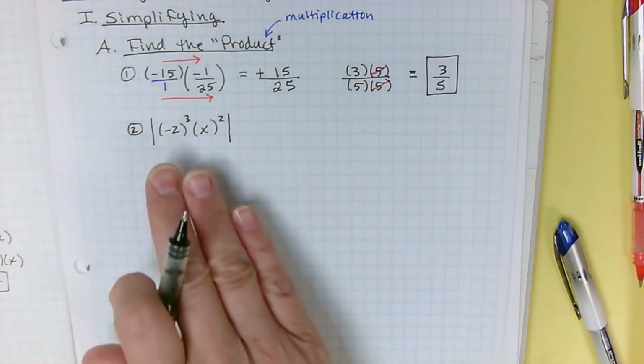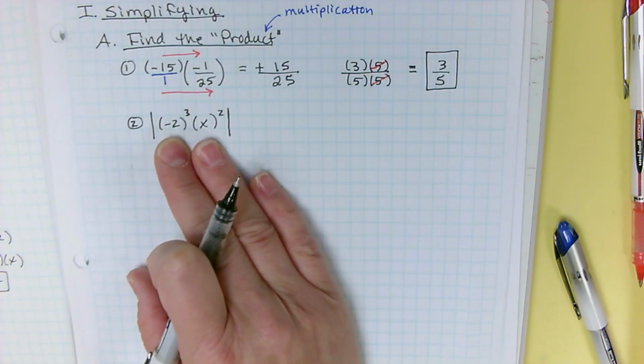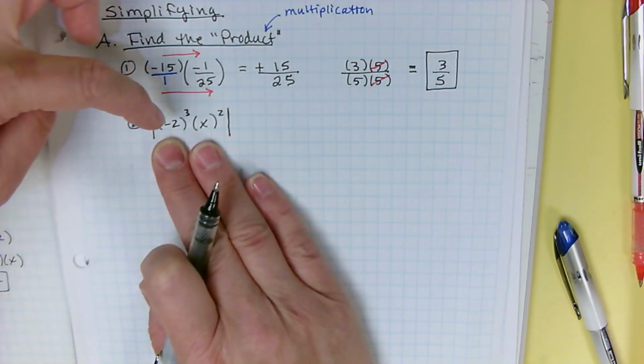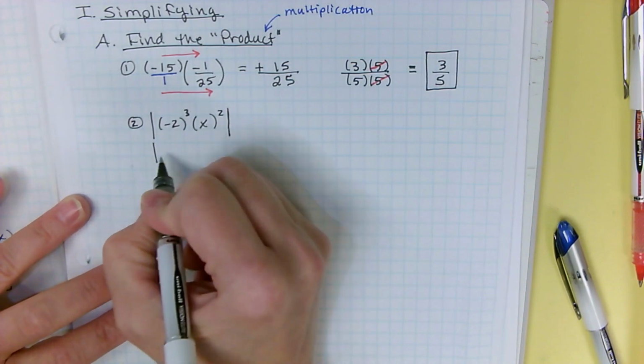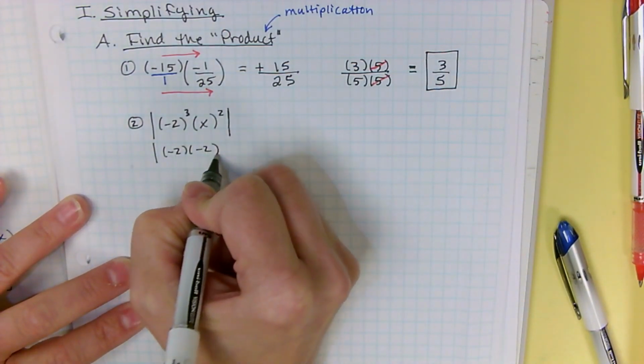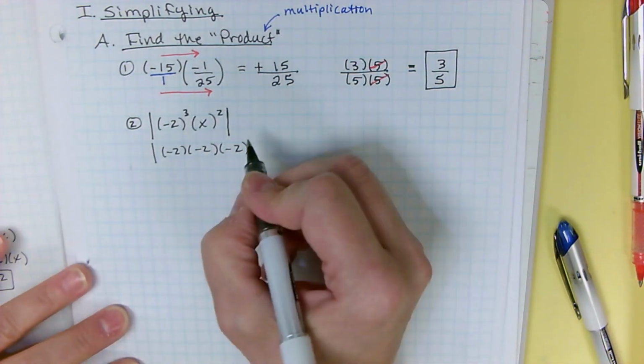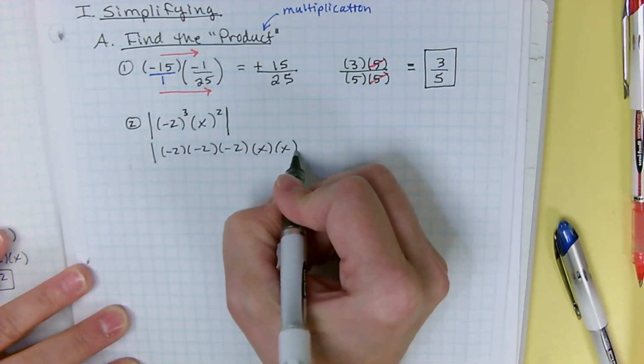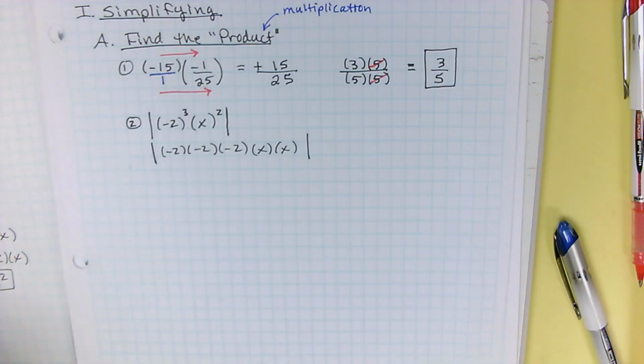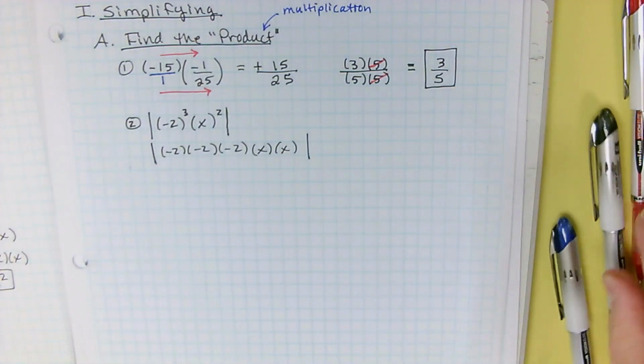So inside the grouping symbols, we do exponents, left to right. So I have negative 2 cubed, which is negative 2 times negative 2 times negative 2. And then I have an x squared, which means there's 2 x's. So that is really what's going on.